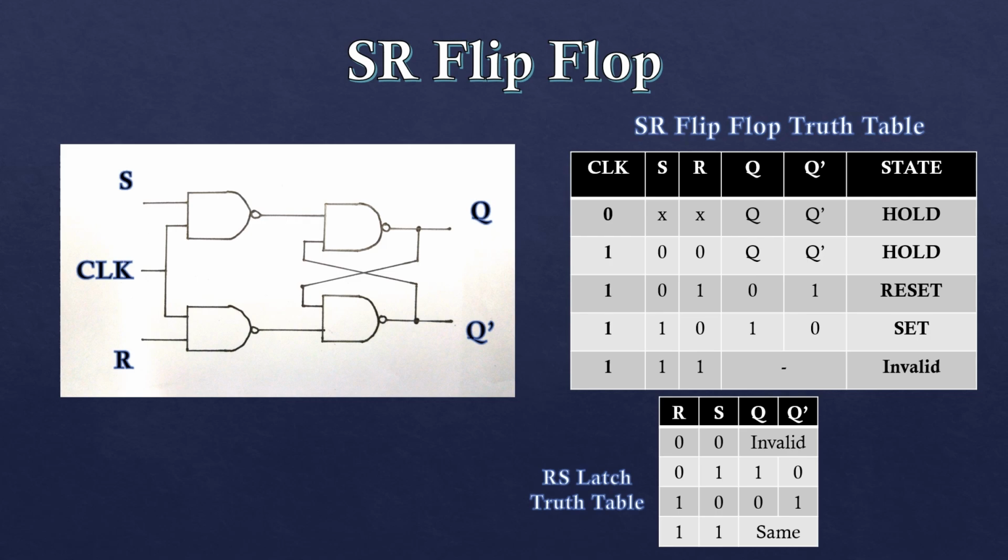When S and R were 1, we had the same value, and when S and R were 0, we had invalid. But in this case, when S and R are 0, it is the same value, and when S and R are 1, it is invalid. It looks a little bit opposite, but if you know the logic, then it will be easier for you to differentiate the truth tables.